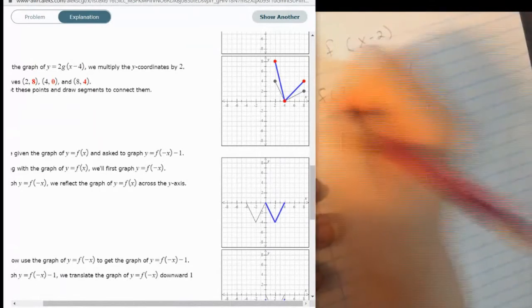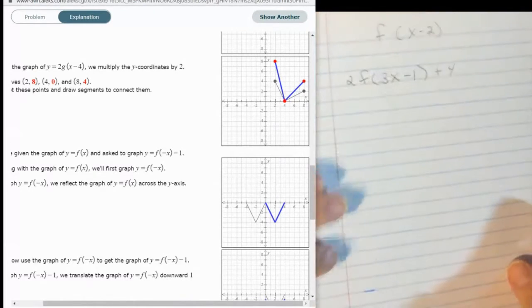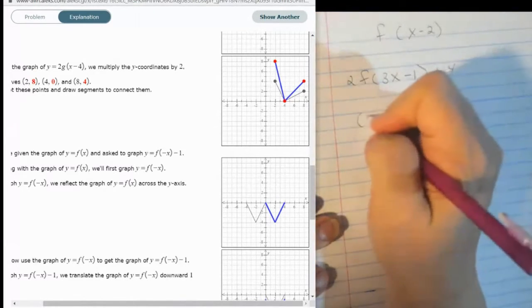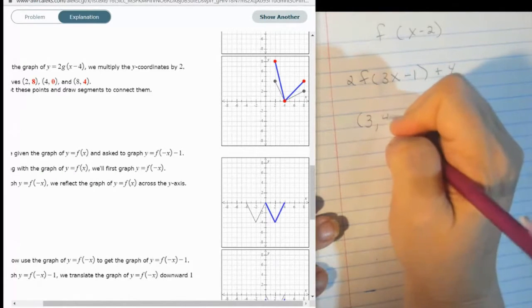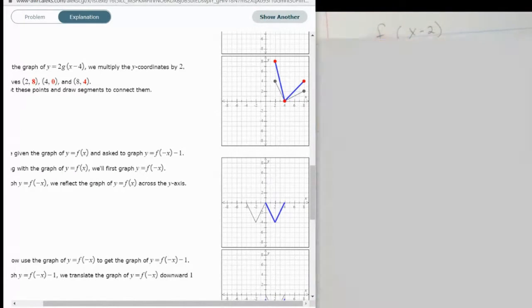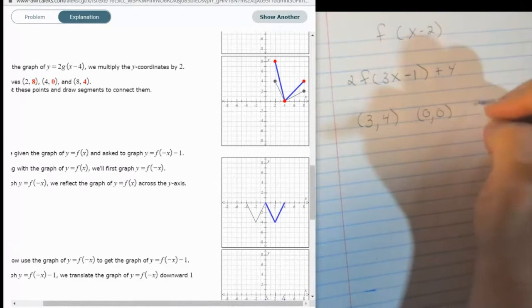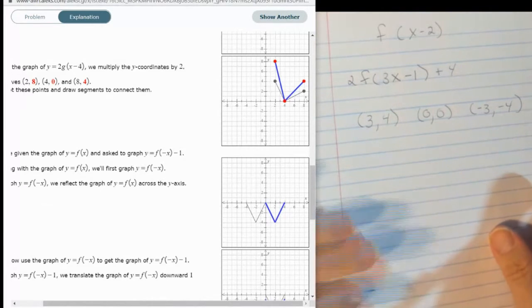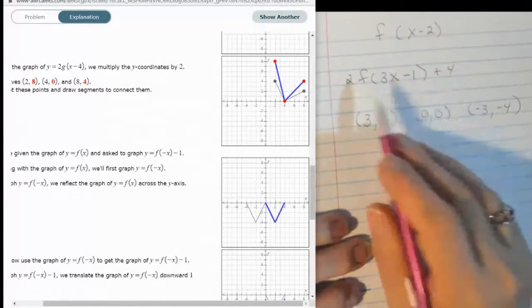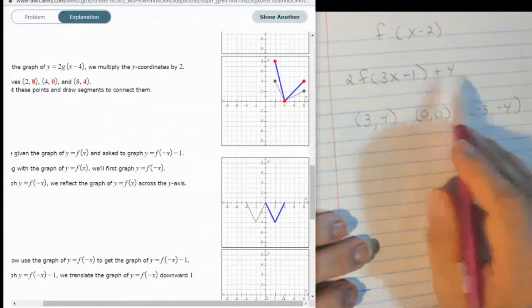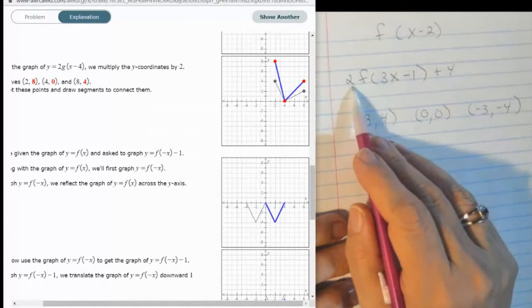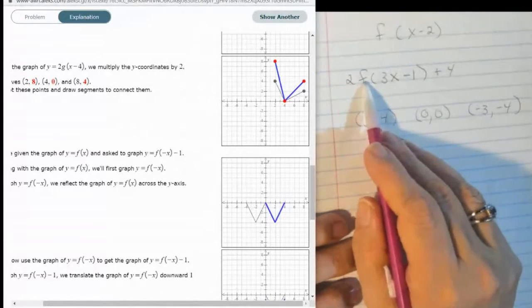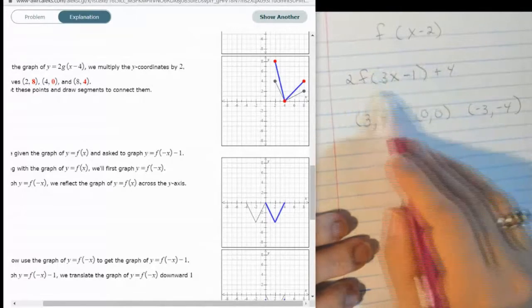Let's do one that has everything. If our points are (3, 4), (0, 0), and (-3, -4), and this was shifting, this 2 is on the outside, times the y value, because remember f of x is y.